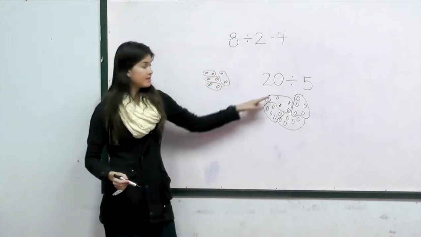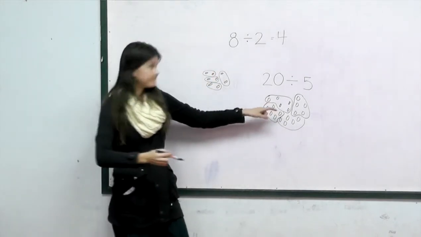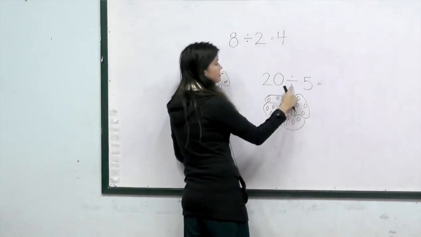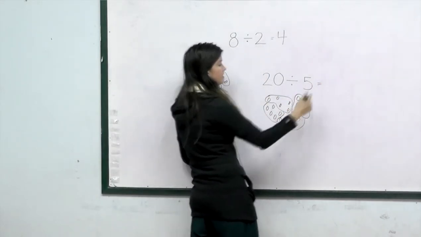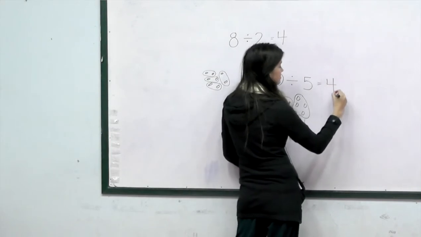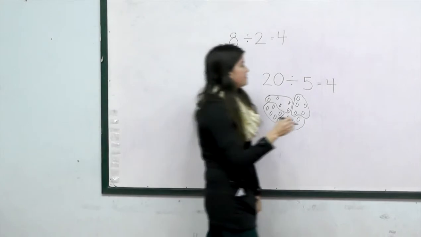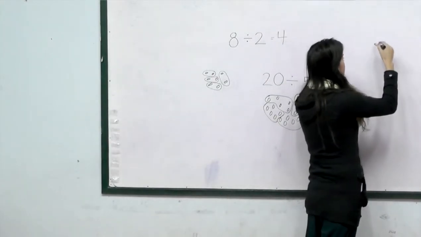Are there 5 beans in every group? Yeah, so 20 beans divided by groups of 5 gives us 4 groups. Okay?